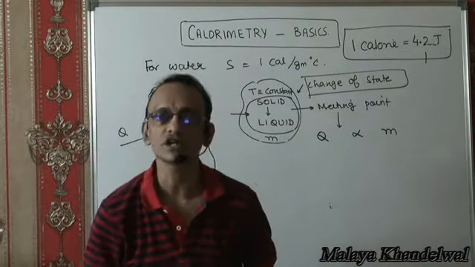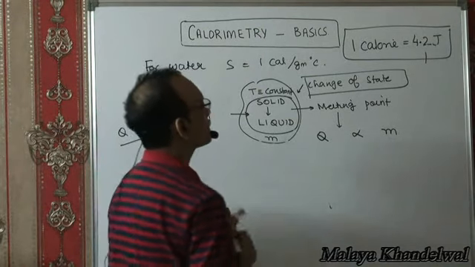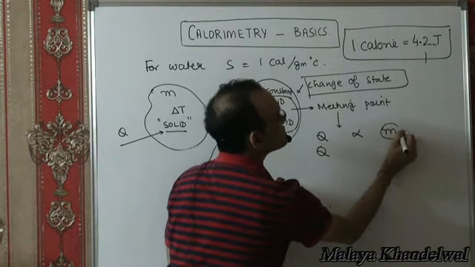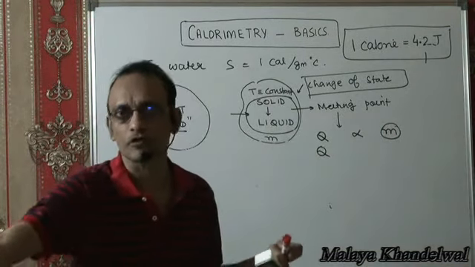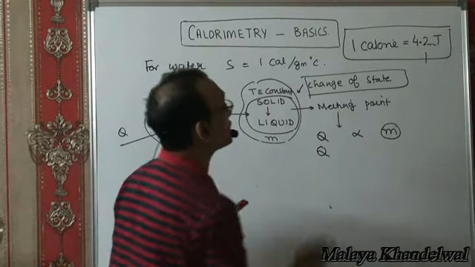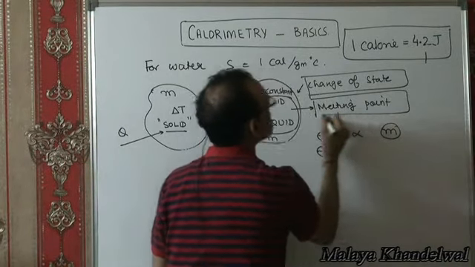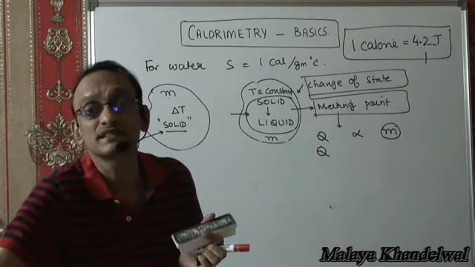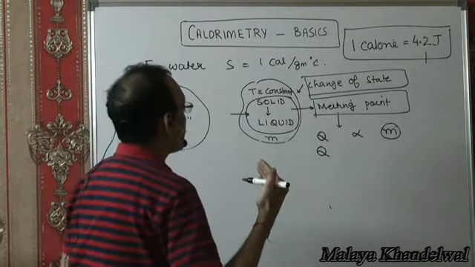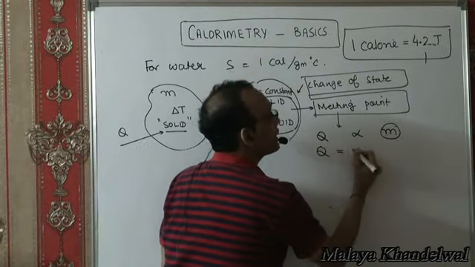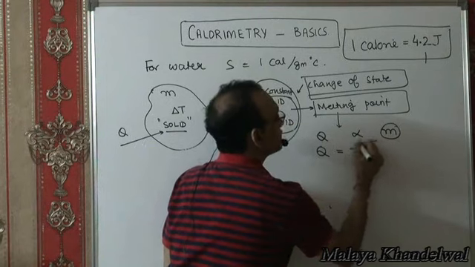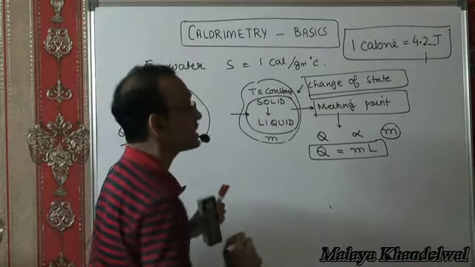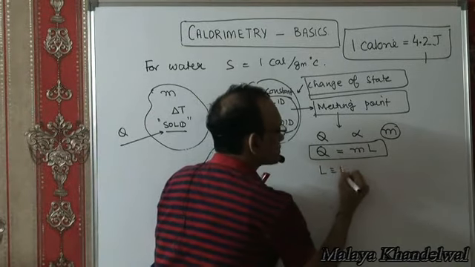And when this change of state takes place, the total amount of heat for this complete conversion from m grams of solid at the melting point into m grams of its liquid is actually given by m into L, where L is a property of the substance.